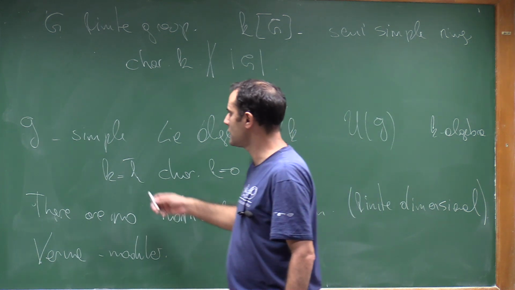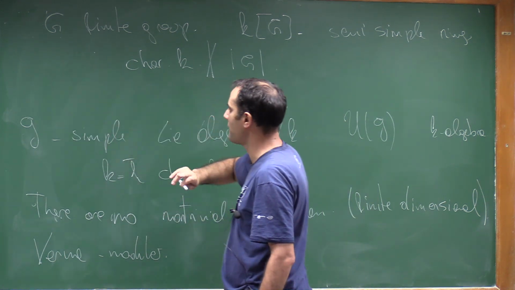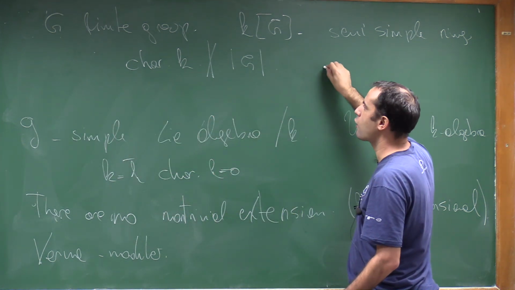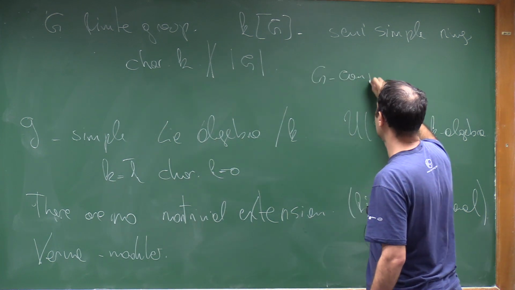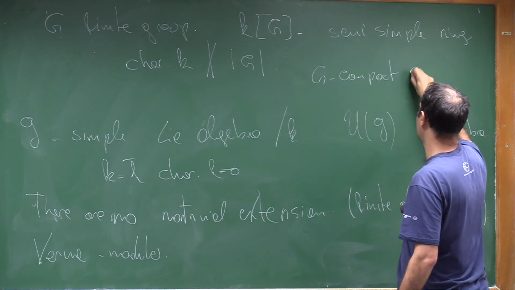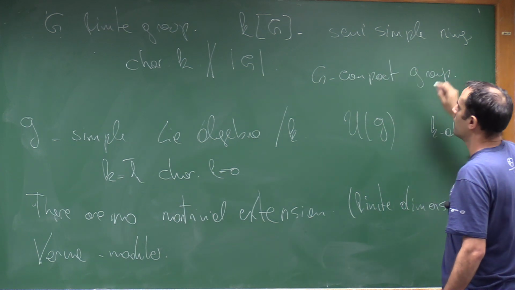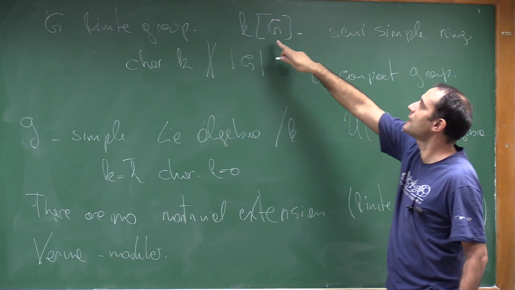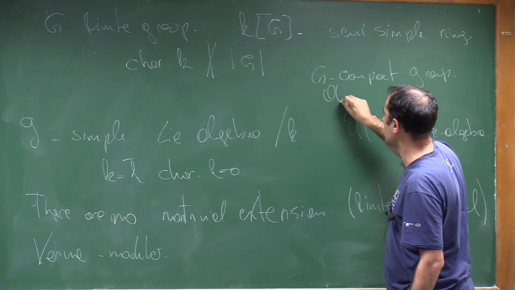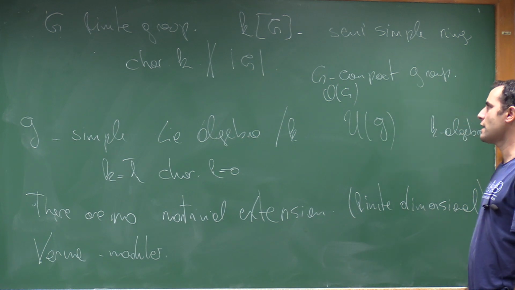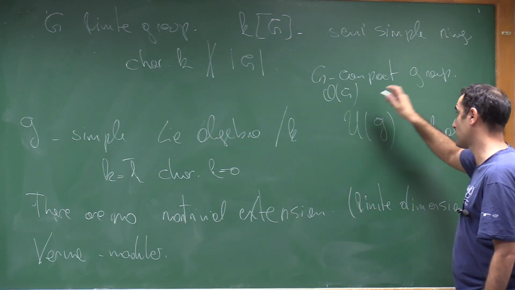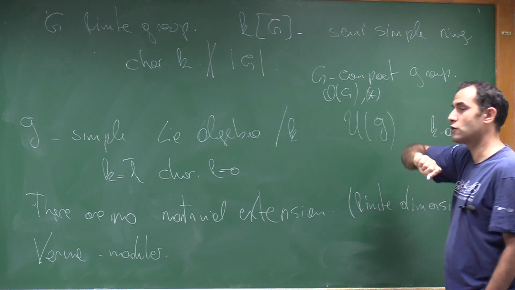Okay, good. So this is sort of like the analog of what happened here, and the same thing for G a compact Lie group, a compact group, instead of a finite group. It's just that the ring of functions on G, L1 integrable functions on G, with a convolution, has an associative algebra structure.